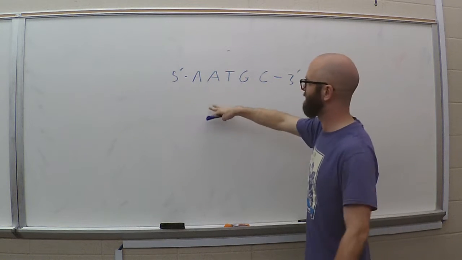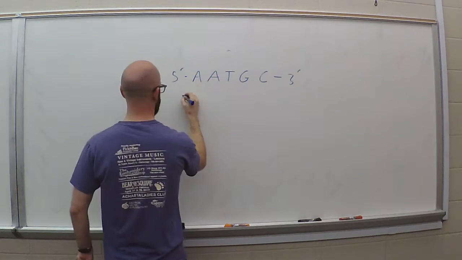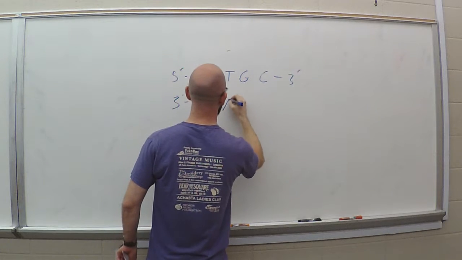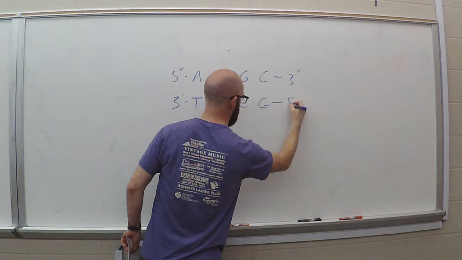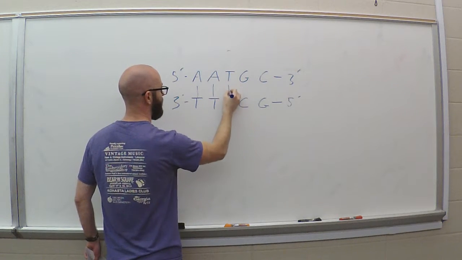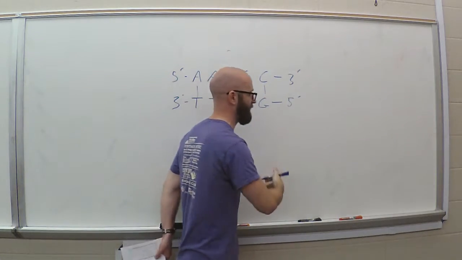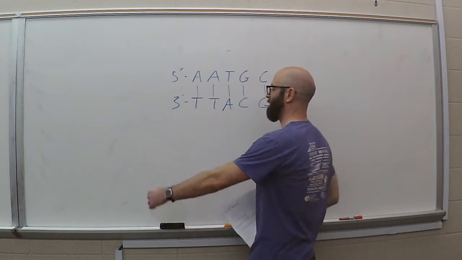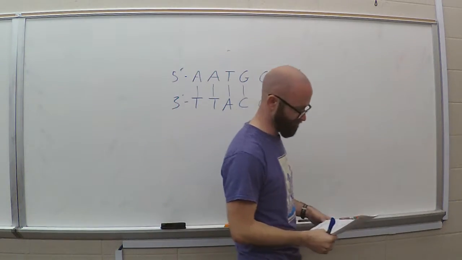Then the strand that binds to this one, the complementary strand, goes 3 prime, T, A, C, G, 5 prime. So this A binds to that T, this does that. So you get complementary base pairing along the entire length. And there's a directionality to it. So one strand goes this way, and then the complementary strand goes that way.